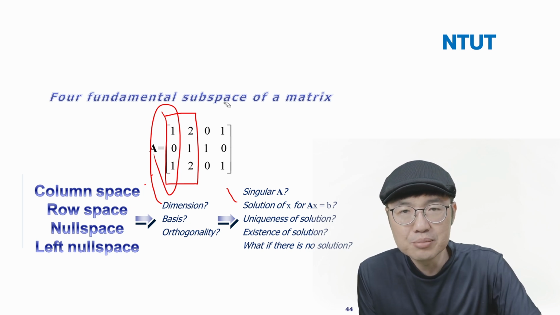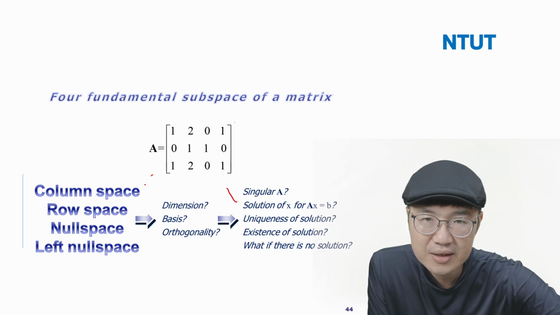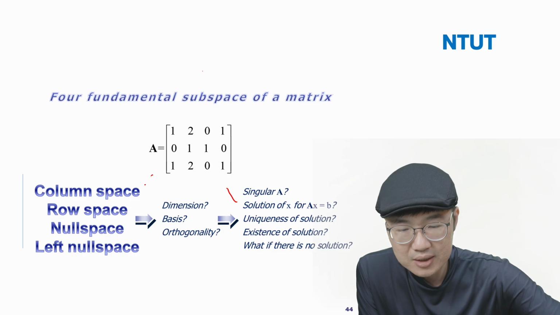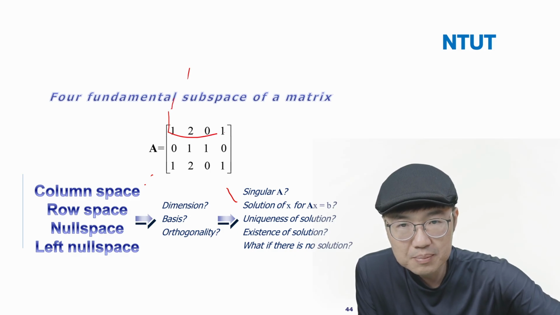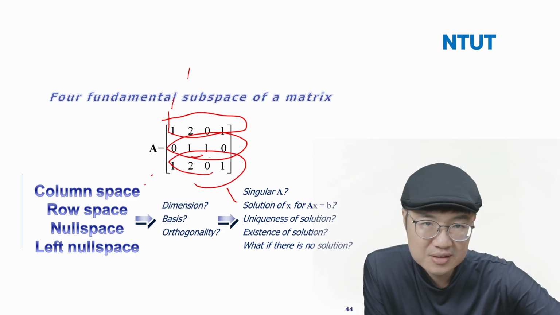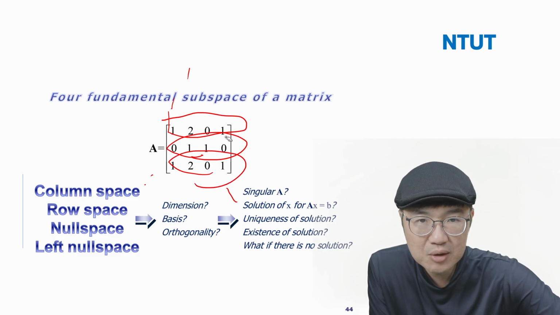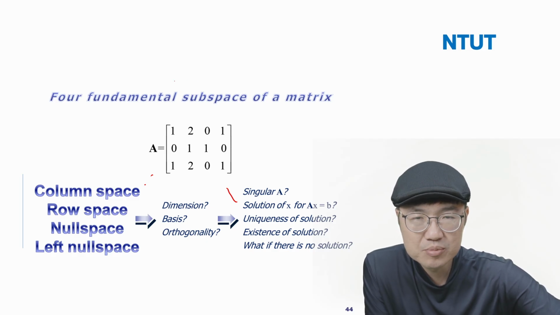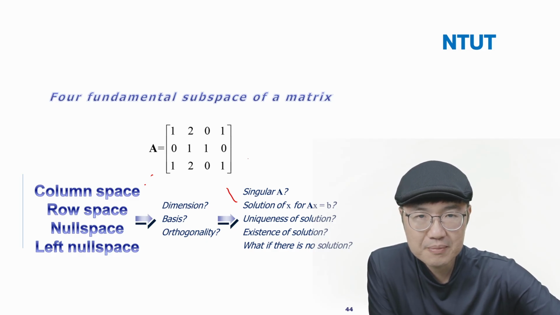There are just too many subspaces in A, and if you transpose this, this row becomes a vector. So each vector is still a subspace, a one-dimensional subspace.